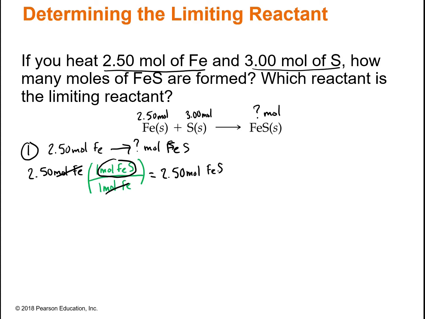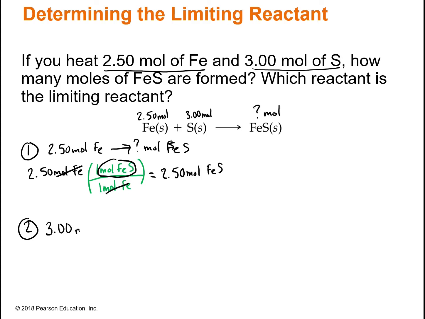So if we just had that 2.5 moles of iron and unlimited sulfur, we'd make 2.50 moles of iron 2 sulfide. Now we have to do the same thing for the sulfur.